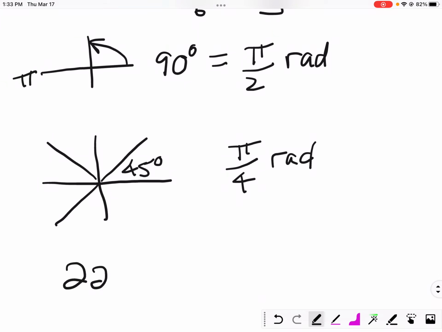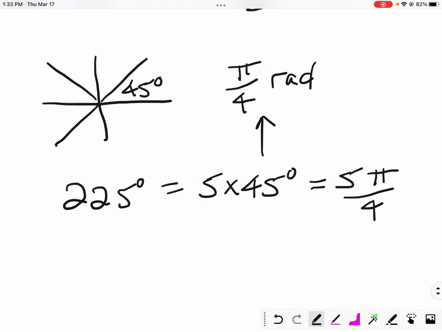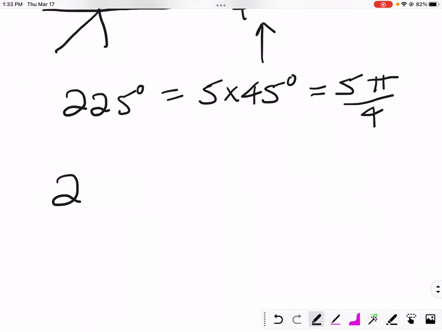225. Well, that is 5 times 45 degrees, and 45 degrees is pi over 4 radians, so we're going to get 5 pi over 4. 210 degrees.